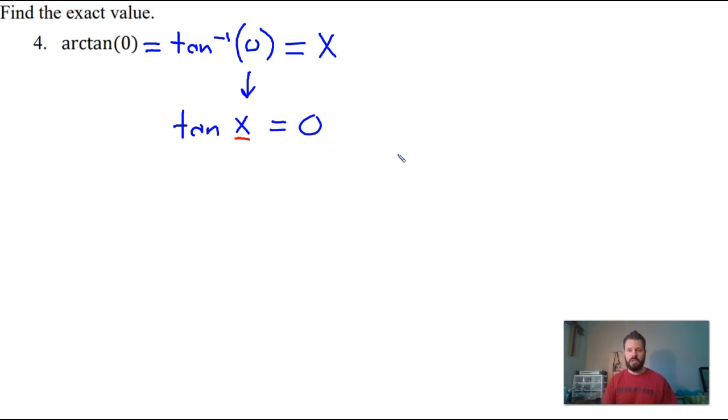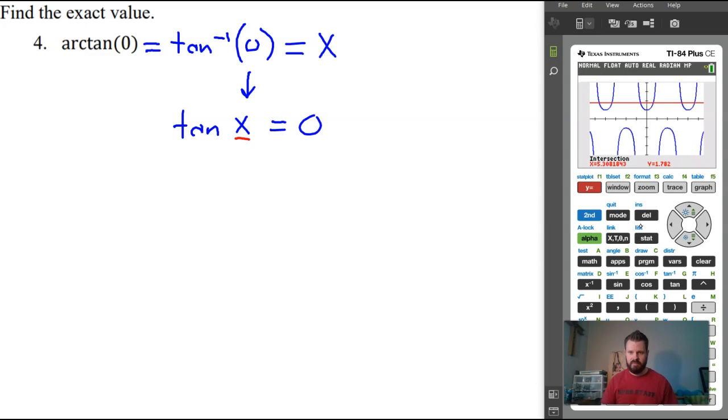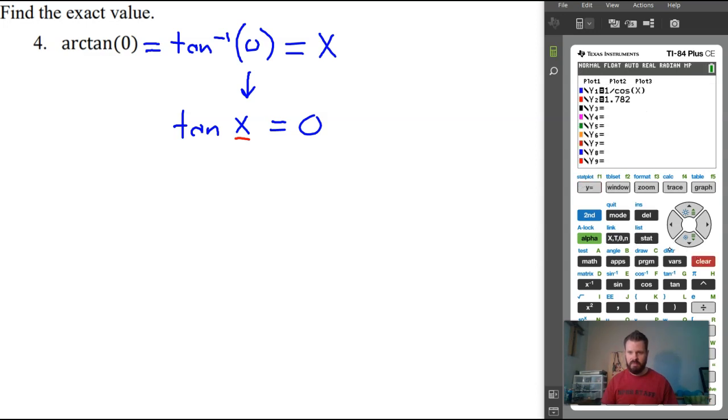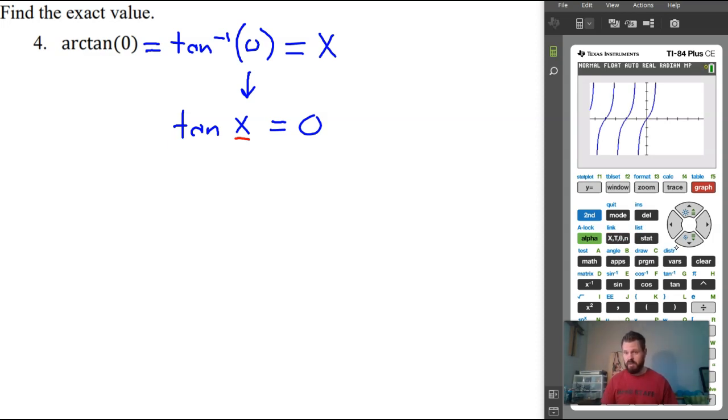Okay, to do that, I'm going to use the graph of the tangent function. And if you ever forget what that looks like, you just pull up your calculator and graph it out like that and zoom trig. Okay, so I'm just going to give myself a little refresher here.